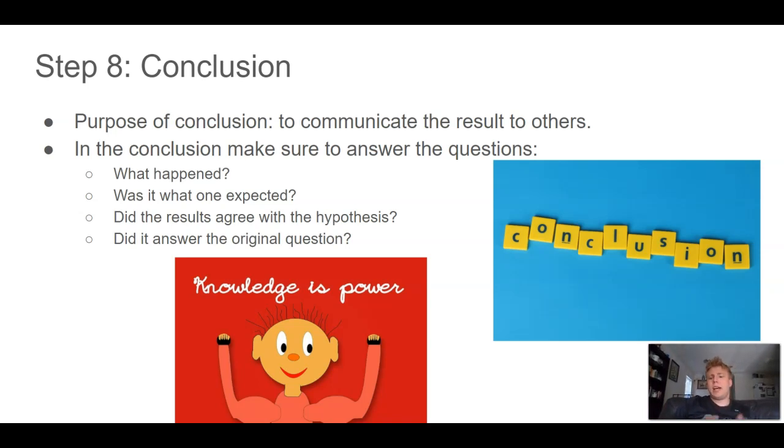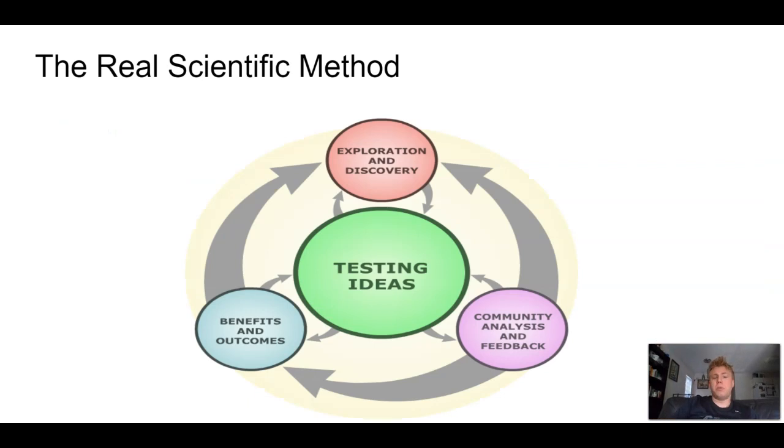Now, the way I just described the scientific method is very, very rigid and structured, and you must follow these steps. That is not how the real scientific method goes. The real scientific method isn't necessarily a strict ladder or strict steps, but rather it looks something more like this, where scientists are exploring and discovering and testing ideas, and then going out to communicate, and then coming back to test more ideas.